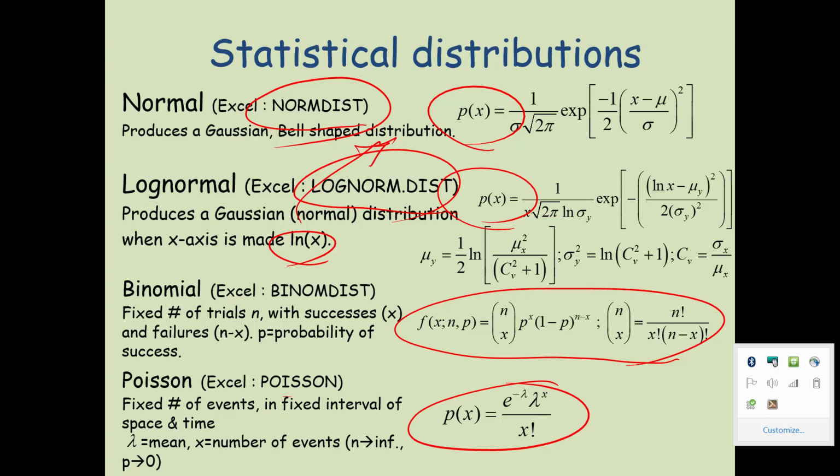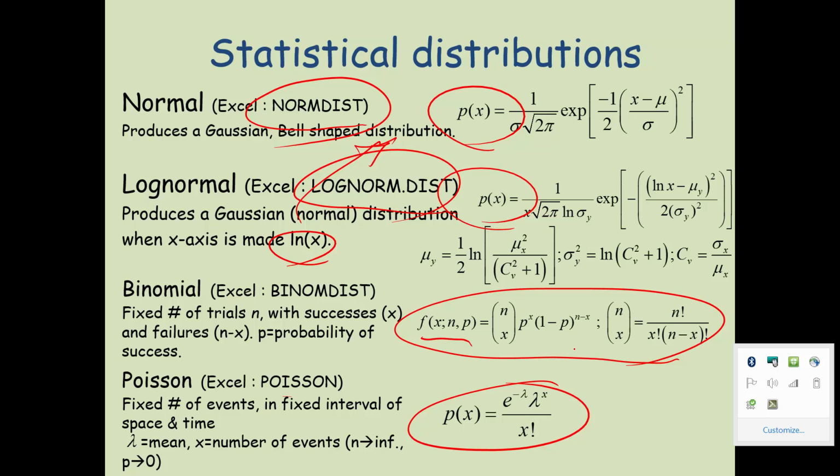Here we use the symbol f, small f, and the argument inside is x semicolon n, p. The x refers to the number of successes, let's say the number of times a certain event occurs. n is the number of trials that were tried, and p is what we call the probability of a success.